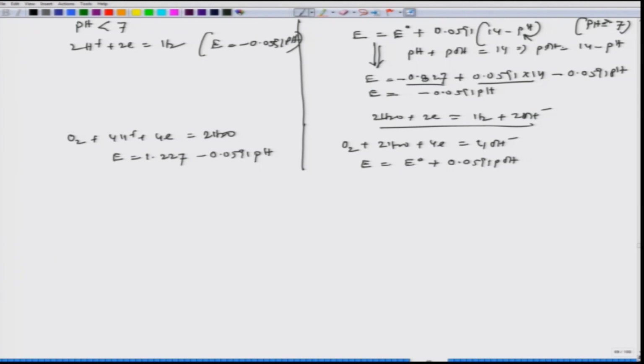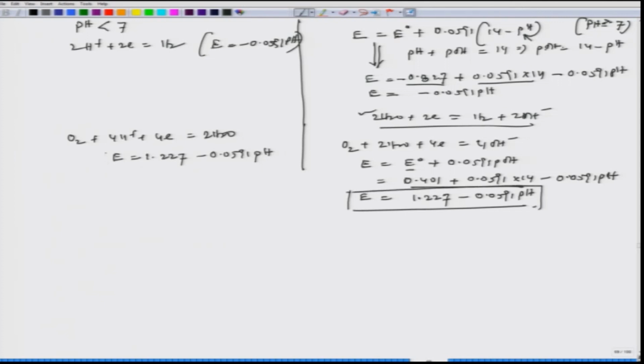If you follow the same philosophy as we have done for this equation, the value of E0 would be 0.401, plus 0.0591 into 14 minus 0.0591 pH. So, if you add them, you would get roughly 1.227 minus 0.0591 pH. So, you have the same equation as we had for the acidic reactions.